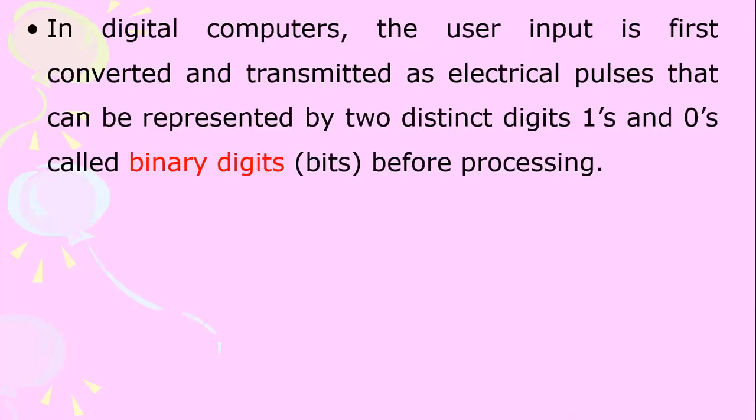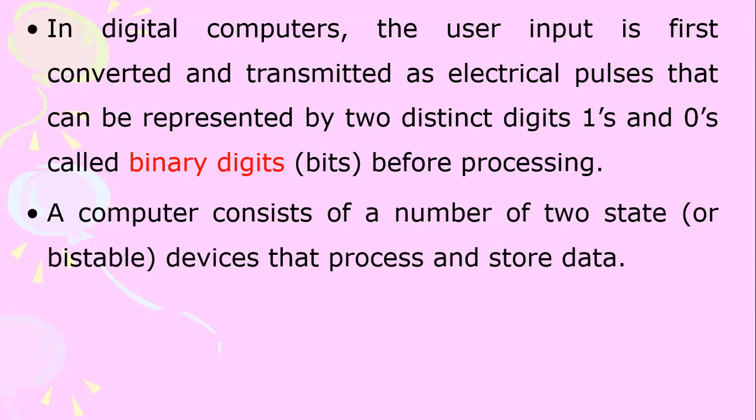In digital computers, the user input is first converted and transmitted as electrical pulses that can be represented by two distinct digits, ones and zeros, which we normally call the binary digits or bits before processing.